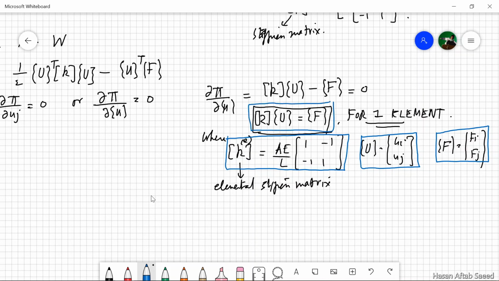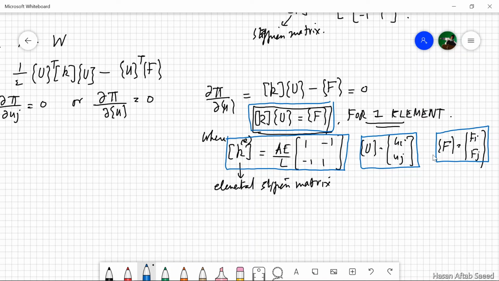Incidentally, this form will always be the same for equilibrium problems. Ku is equal to F, whether it's a beam problem or a bar problem or a 2D problem or whatever. This expression Ku is equal to F will be the same, although the shapes of this K matrix will of course be different for different problems.